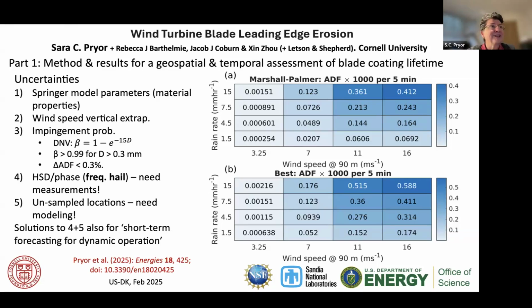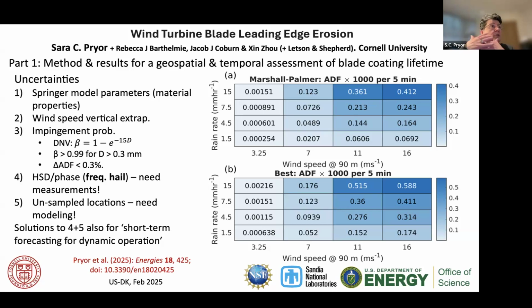Also, of course, the ASOS network is great, but there are unsampled locations. So I would suggest we also need modeling. And of course, solutions to 4 and 5 might also be useful if we wanted to do short-term forecasting for dynamic operations.